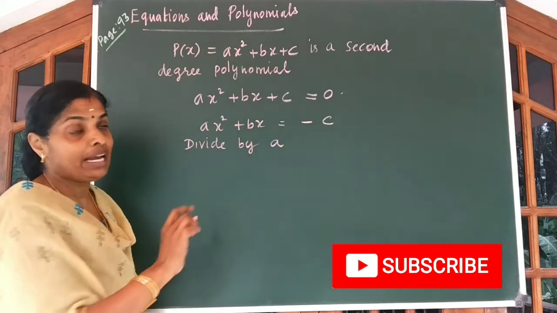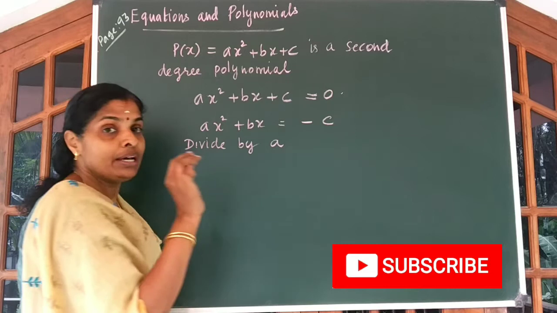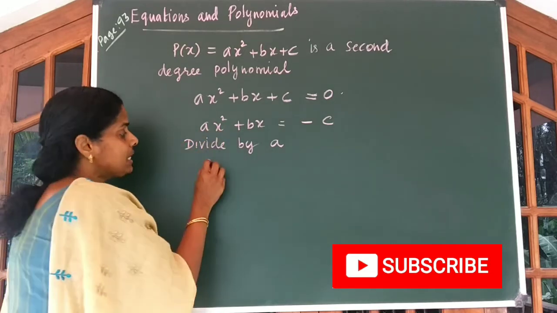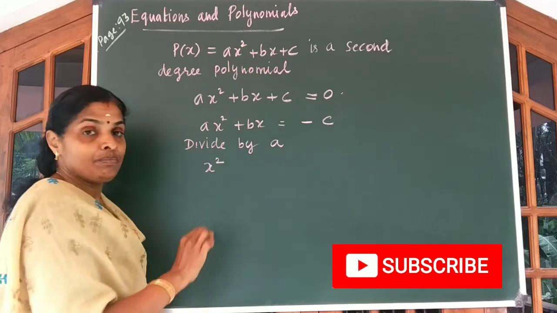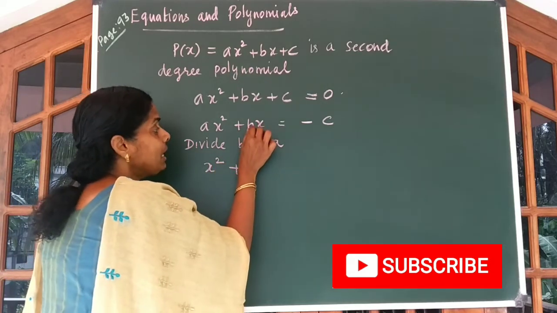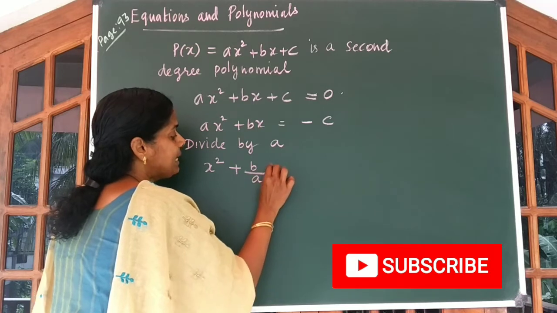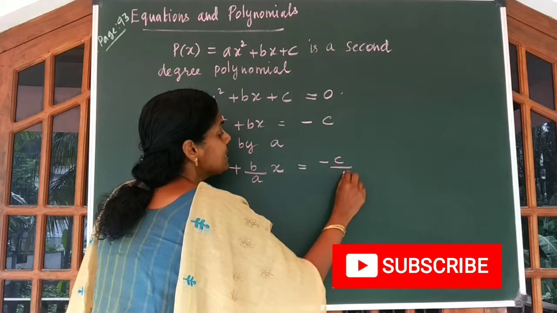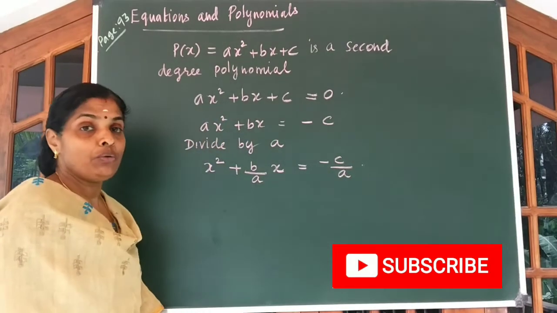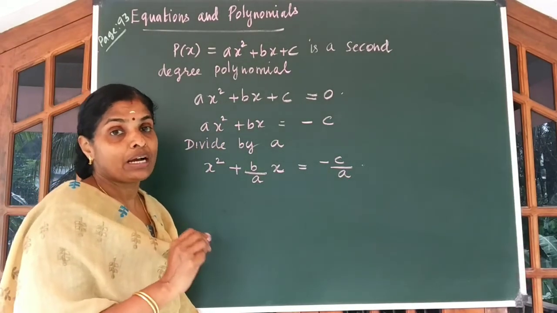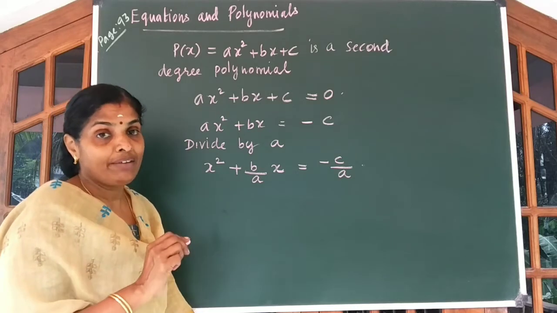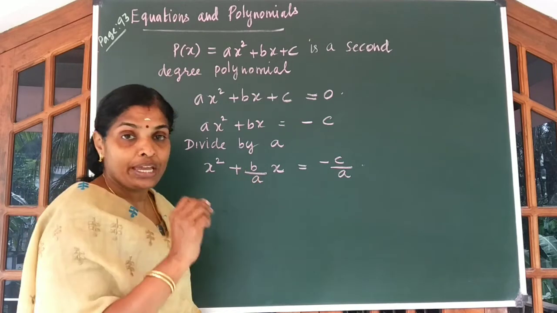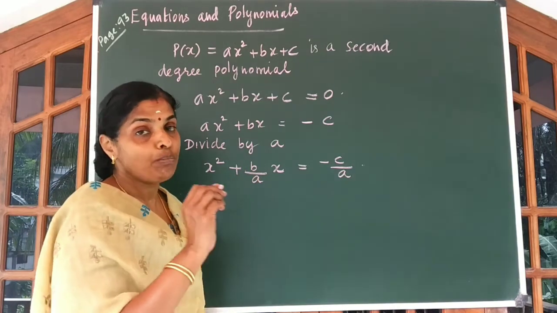So if you divide by a throughout, we will get ax square by a, which gives you x square plus b divided by a into x is equal to minus c by a. Now we know in the method of completing squares, we have to take half the coefficient of x and the square of it is added to both sides.